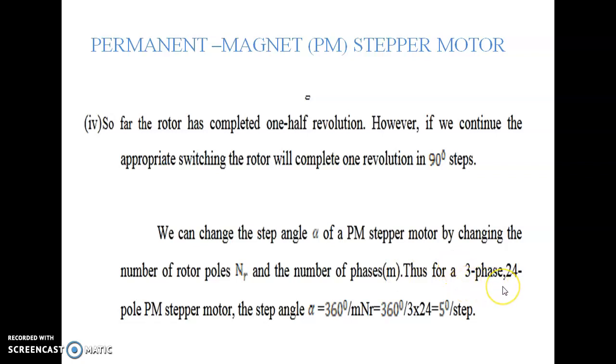Thus, for a 3-phase 24-pole permanent magnet stepper motor, the step angle alpha is 360 degree divided by m into nr, where m is the number of phases and nr is the number of rotor poles, that is 360 by 3 into 24, that is 5-degree step.